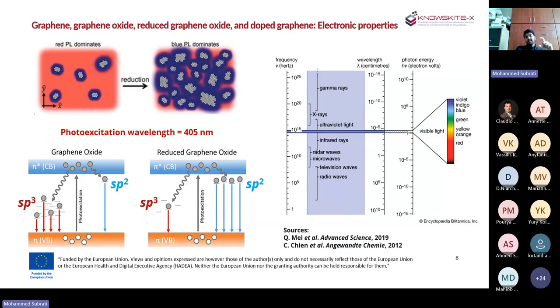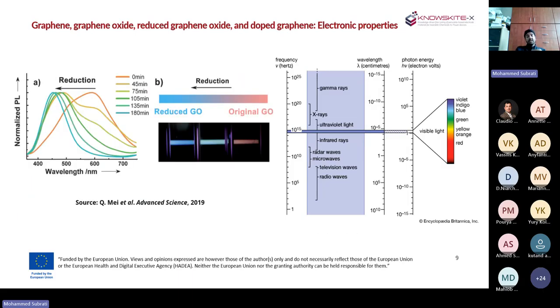As you can see on the y-axis, the energy is not as much as if they decayed from the sp2 defect state. This is why it produces red. But if it decays from the sp2 defect states, it's higher energy, which is why we have a blue photoluminescence.